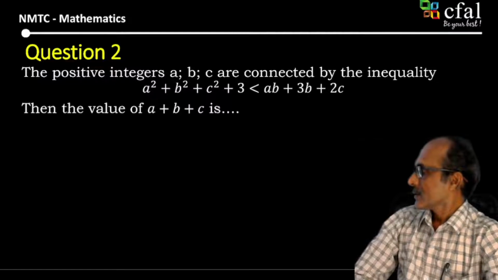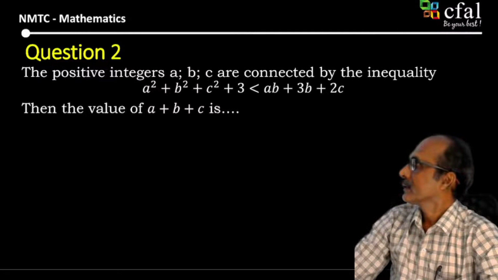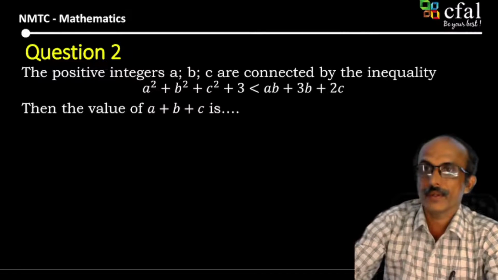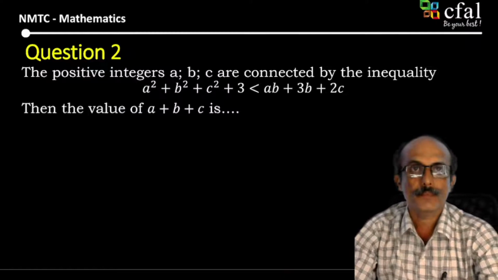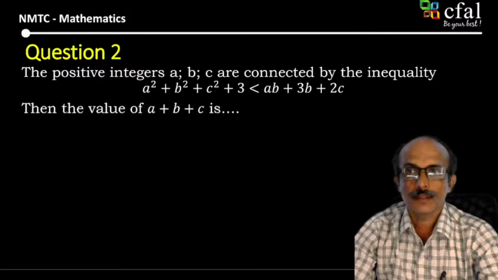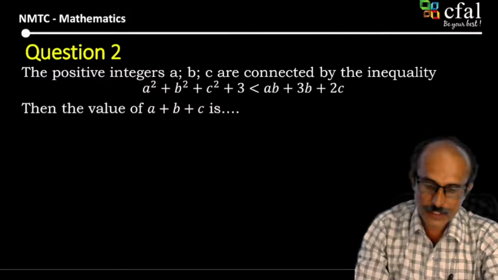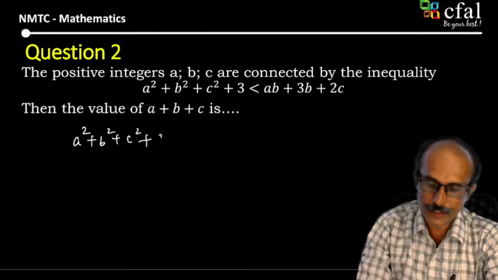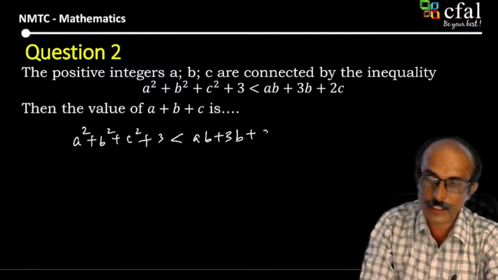So they are not able to see the writing. So let's see, a square plus b square plus c square plus 3 less than ab plus 3b plus 2c.